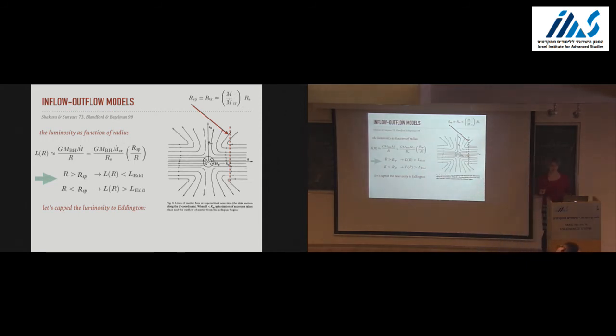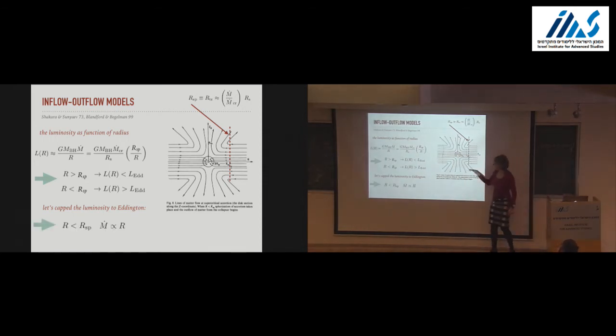If you do that, what do you need to impose, to cap the luminosity at Eddington, for the accretion rate within this region? So it remains constant... if m dot remains constant, then the luminosity goes as m dot over R. m dot over R must remain constant, and therefore m dot scales as R.